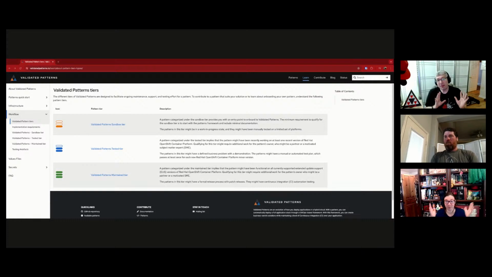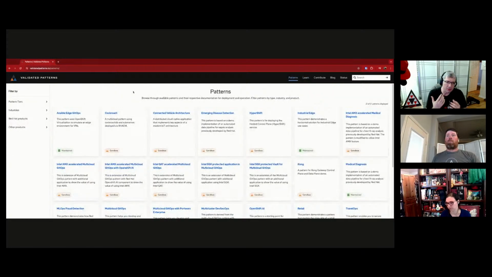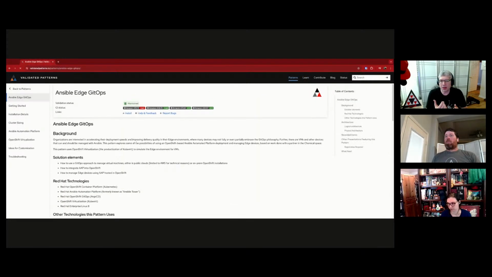Okay, cool. My favorite pattern. Someday, I hope this comes back to bite me, because I hope to have a new favorite pattern in the future. But today, my favorite pattern is Ansible Edge GitOps. The reason I love it so much is that it fuses so many different pieces of technology together.